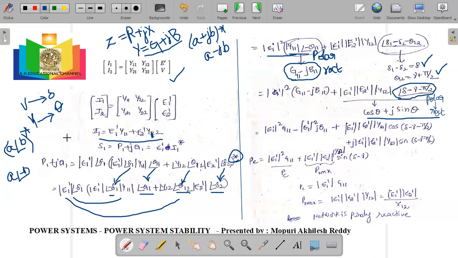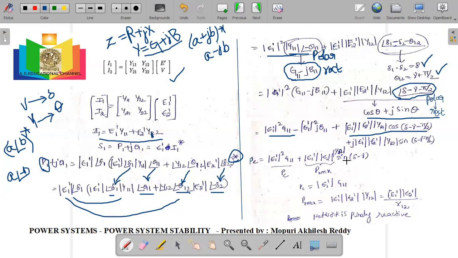Now from this equation, see here P is the real part on the left hand side. And here what we had, real part, this is a real term. There is no j term. Since we had j term here, this is not. And this is a real part. I am equating the real parts of left hand side and right hand side. So what I will get? P1 is equal to E1 dash square G11 plus E1 dash E2 dash Y12 cos of delta minus gamma minus pi by 2.